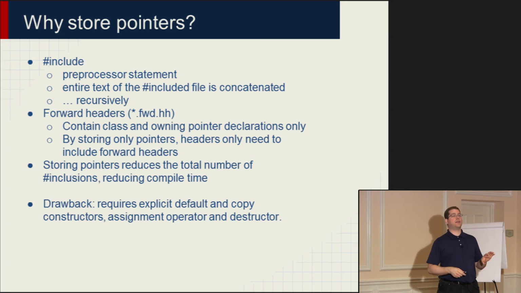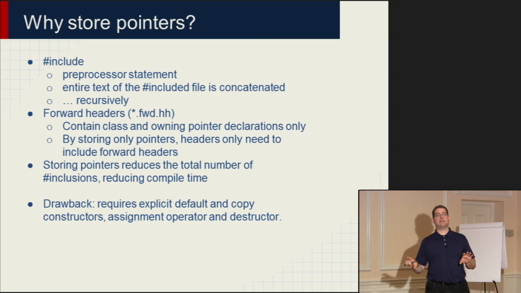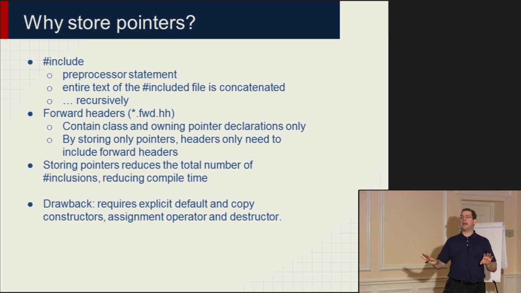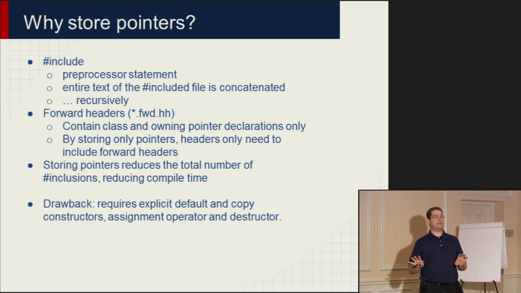You declare it in the header file and then define it in the CC file. And by moving that implicit declaration in the header file to an explicit one where you define it in the CC file, you only have to have the full header in the CC file.